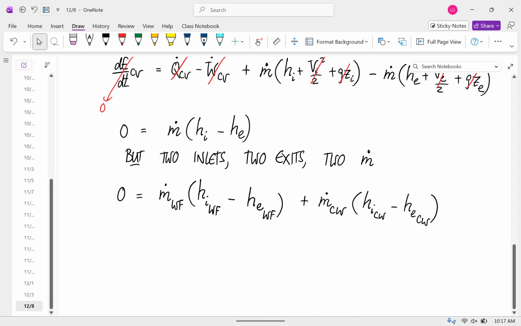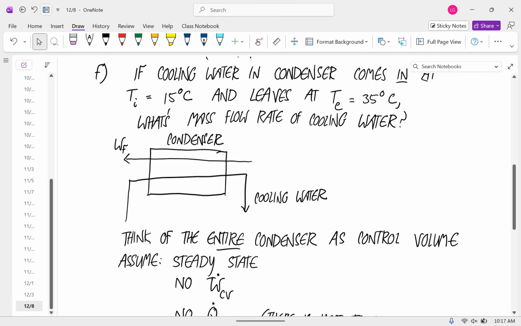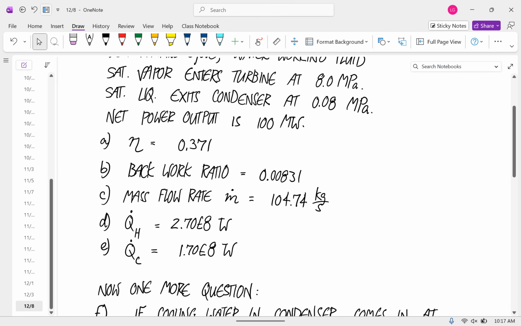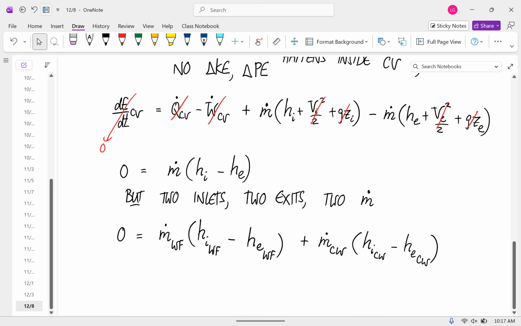We have the specific enthalpies for the working fluid at every state, right? We needed that in order to do all of these first problems. So what states are we talking about here as the inlet and exit for the working fluid?